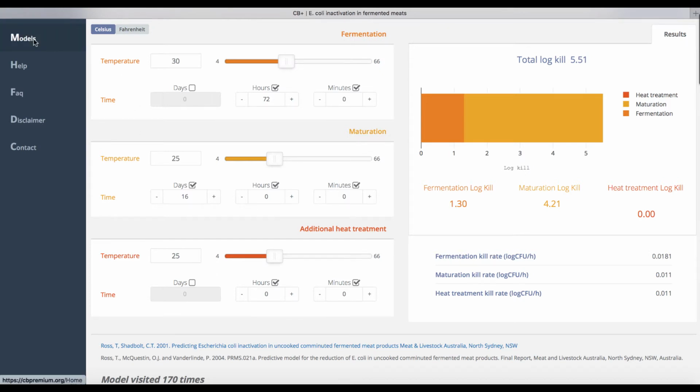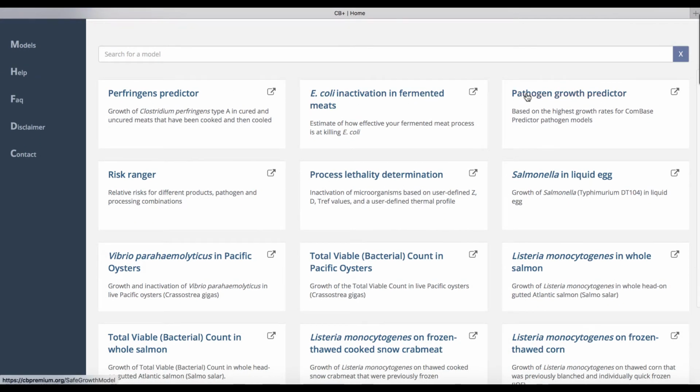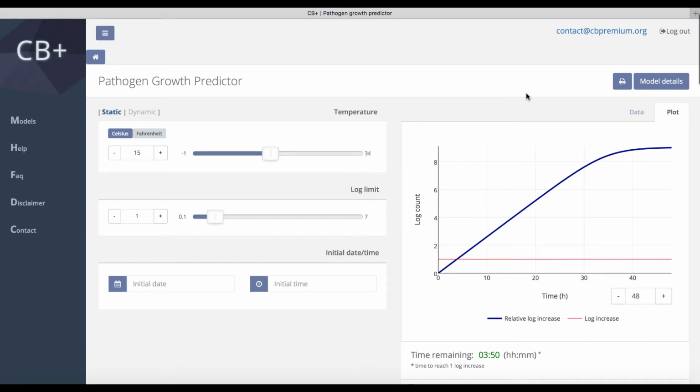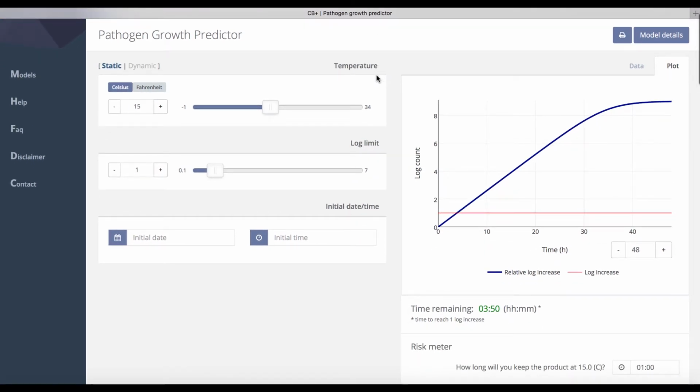When a model does not exist for a specific pathogen-food combination, then the pathogen growth predictor can be a useful tool. Based on the highest pathogen growth rates predicted by the ComBase growth predictor models, this CB Premium model estimates worst-case pathogen growth.